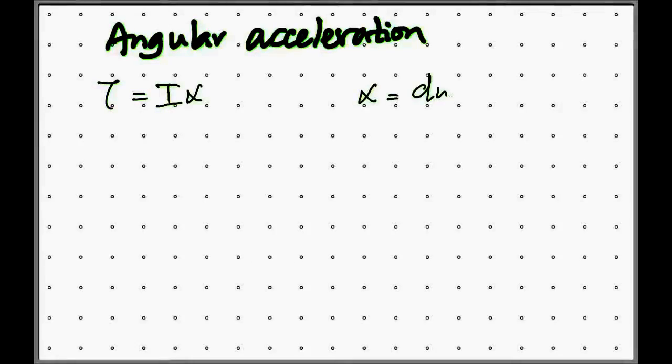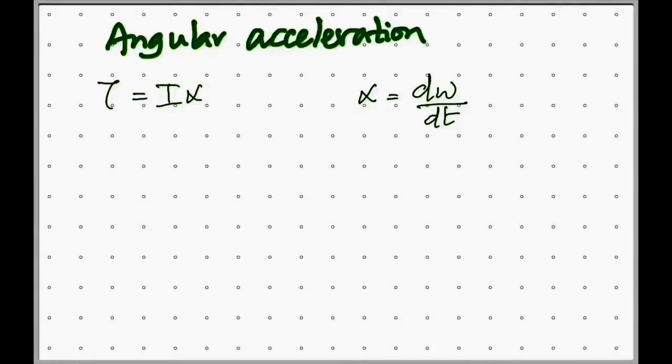And alpha is d omega by dt. And what is I? Moment of inertia, rotational inertia.